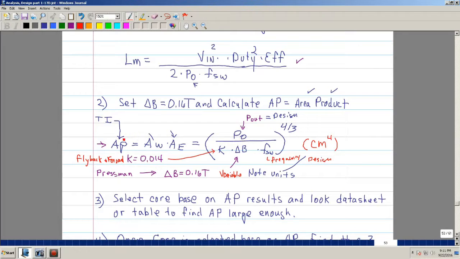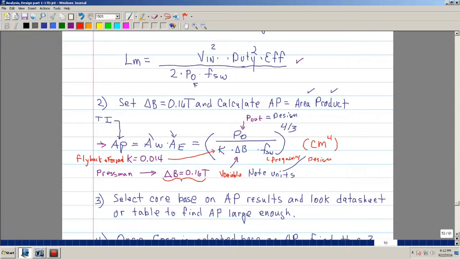Keep in mind when you're using this equation to find the area product, go ahead and use a delta B of 0.16 for right now, and this value comes from the Pressman book. To calculate the area, use that as your basis, and you're going to end up with the area product.